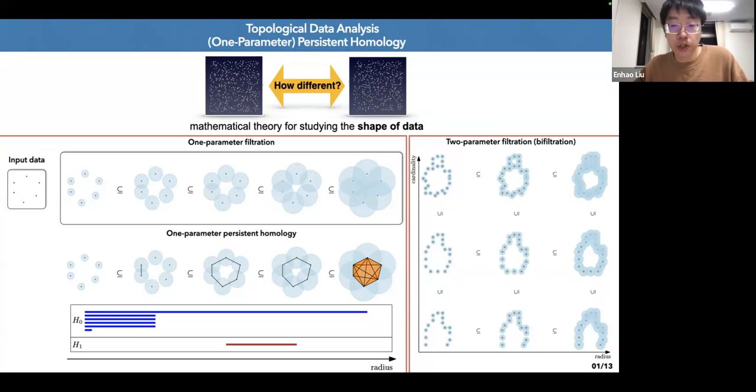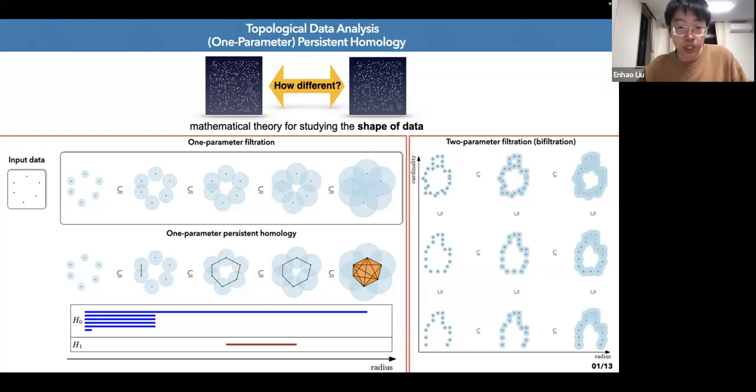So basically it's controlled by multiple parameters. This is why we call it multi-parameter persistence. Or, generally, we can think that such a filtration is indexed by some other poset.